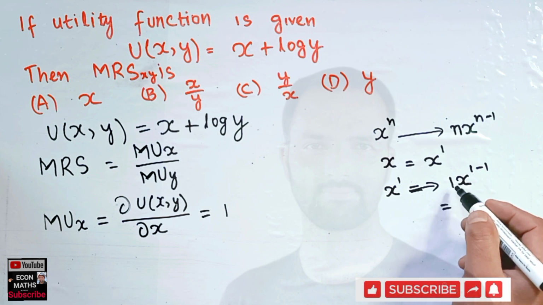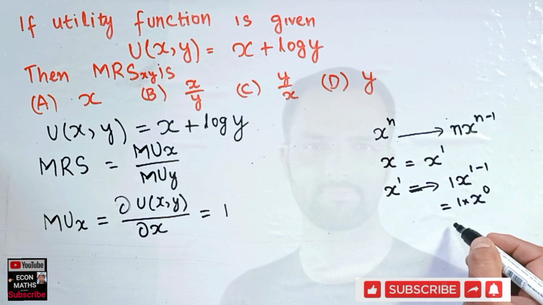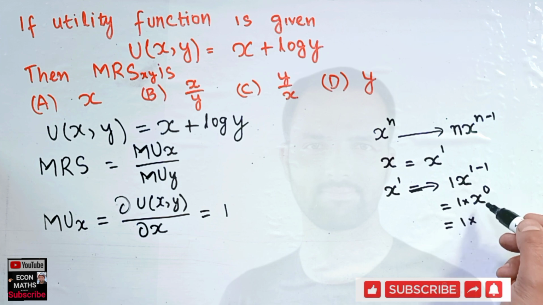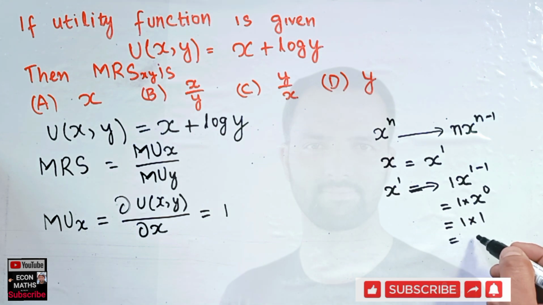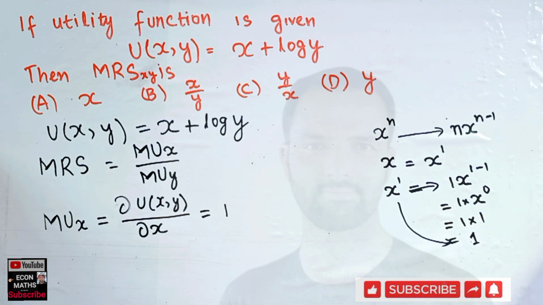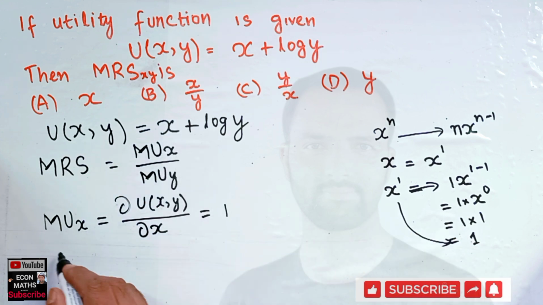This comes out to be 1 into x to the power 0, which is 1 into 1, since anything except 0 raised to the power 0 is 1. That means the derivative of x is 1. This was just to clarify how we get that the derivative of x is 1.